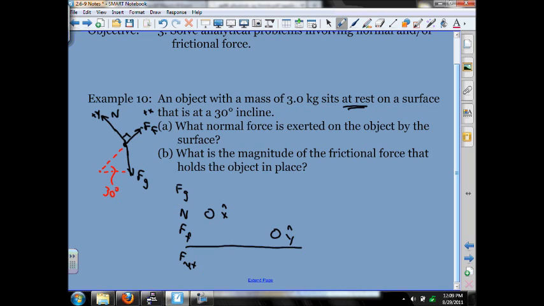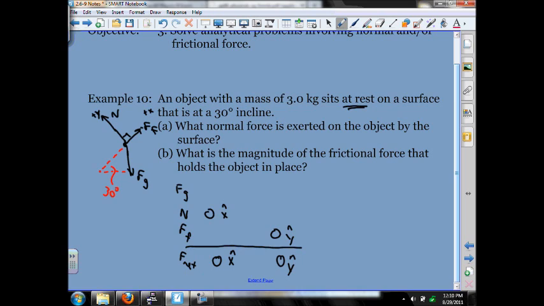If it's at rest, it's not moving, right? Isn't there no net force? I was going to say that before, because the x is up by friction and normal force. We're just going to cancel the y component. Yep. If it's at rest, the x and the y components are zero.